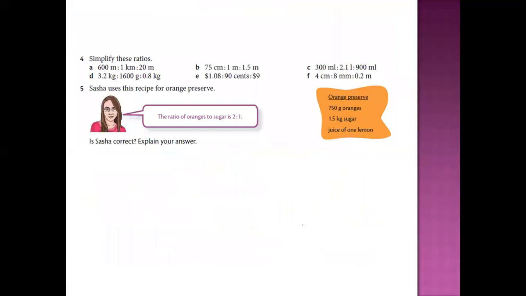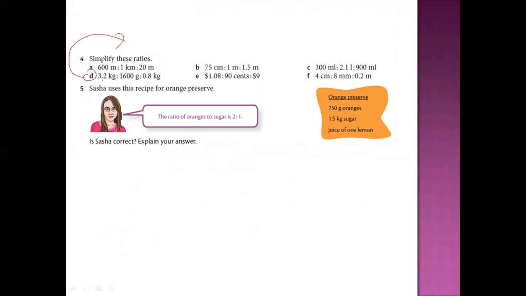And we have two examples. Let's simplify these ratios. There we have milliliters and liters, cents and dollars, grams and kilograms, meters and kilometers. I want to show you this one.